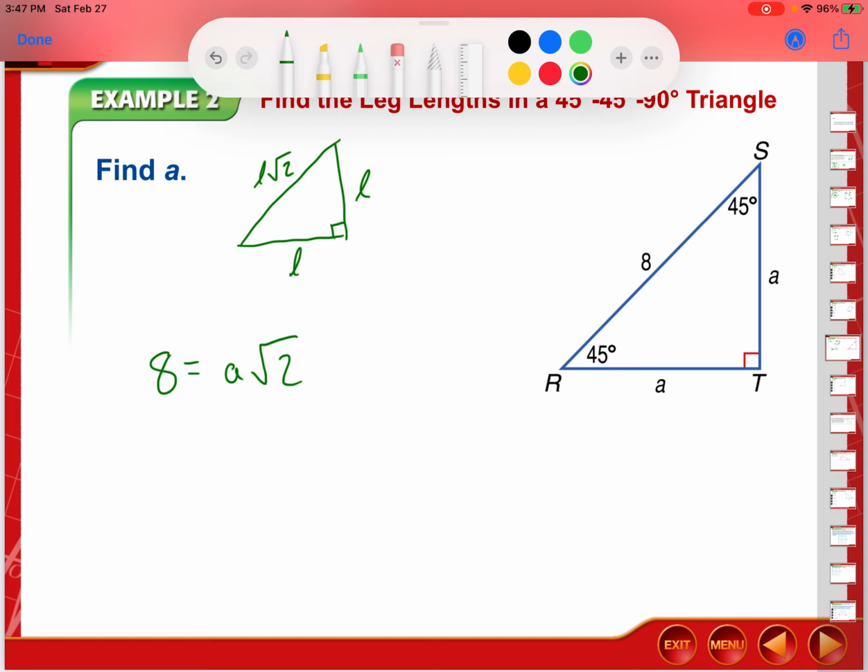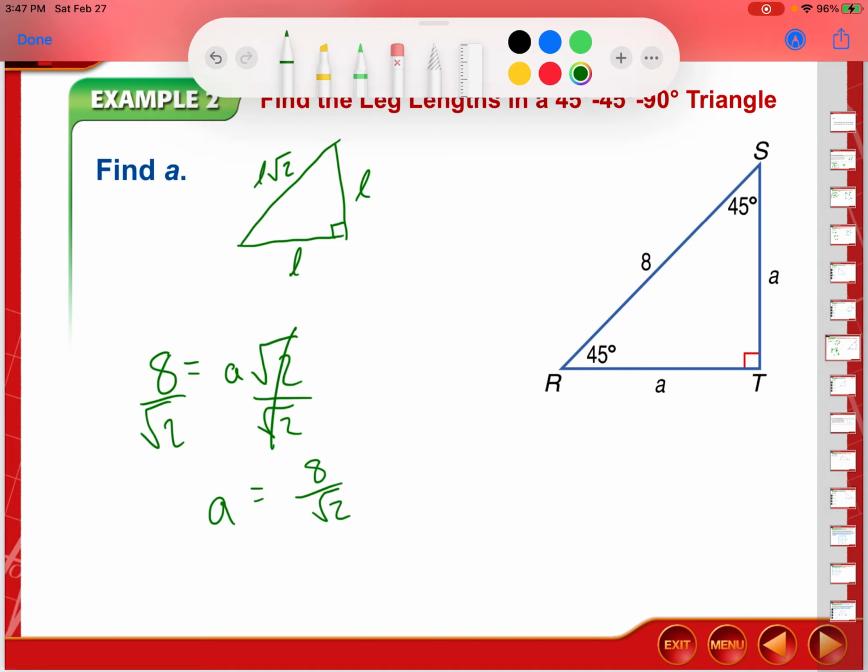So in this case, I'm going to call this A, since that's the variable they're using in this problem. So what I would need to do is divide each of these by root 2. Those root 2's cancel, so I know A is going to equal 8 divided by root 2.